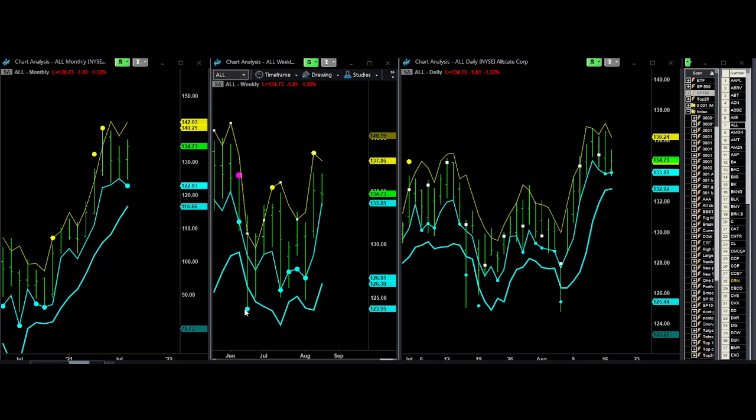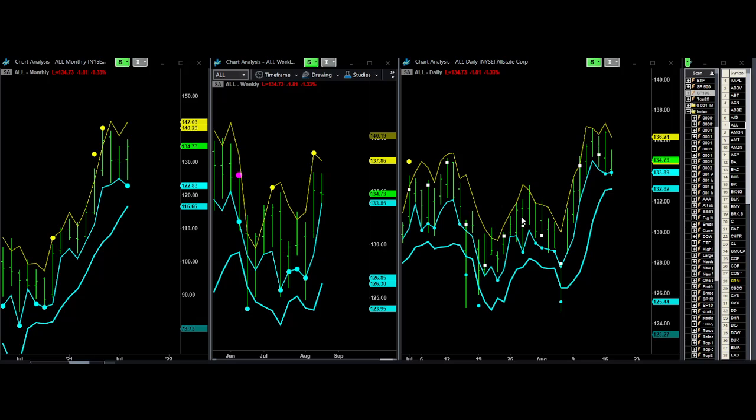So this is 124. So basically that's still another $8 difference. So an $8 difference in one week. If you buy 100 shares, that's $800. If you buy 200 shares, that's $1,600.